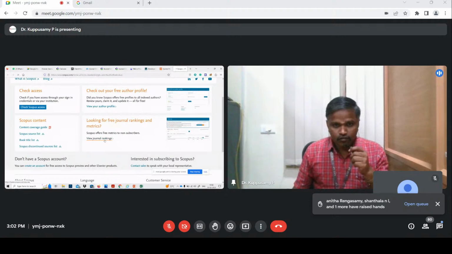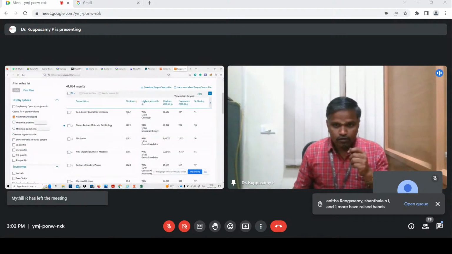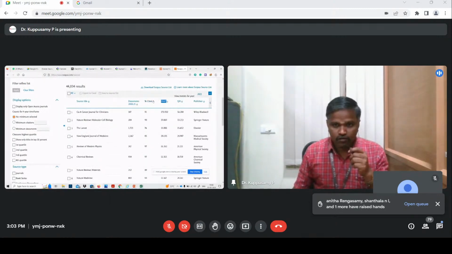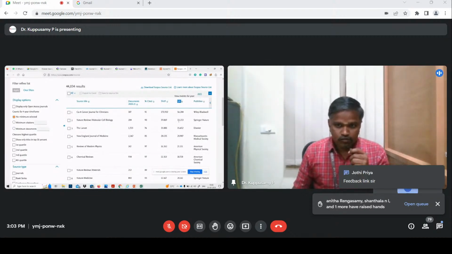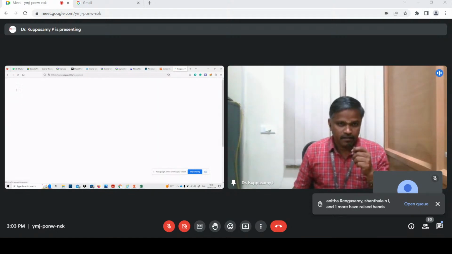And suppose if you want to view Scopus indexing, that score, you look at that, it is having the SNIP score, the source normalized impact per paper, this is journal ranking. So this is also the publisher who is publishing the result. Here you can select first quartile and second quartile journals, you can apply the filter here.